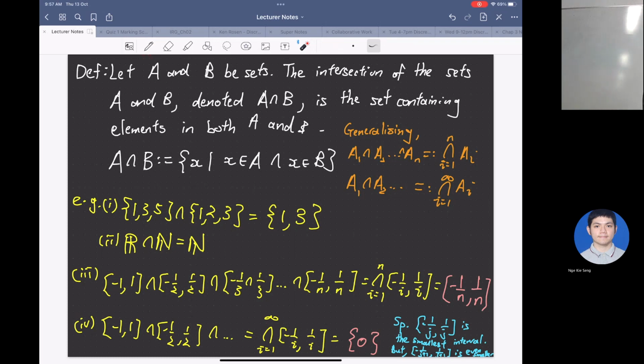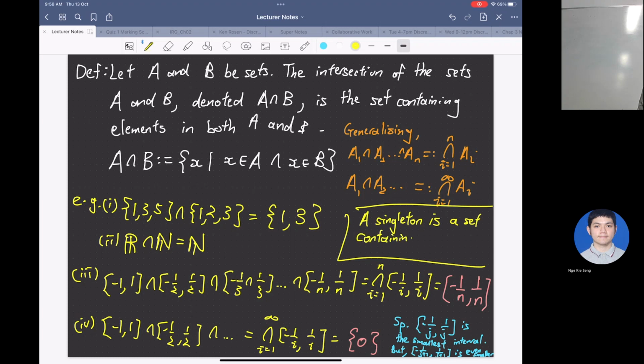So a set containing one element we call a singleton. I didn't introduce this in any place. So a singleton is a set containing one element.